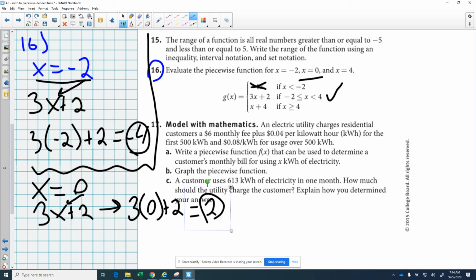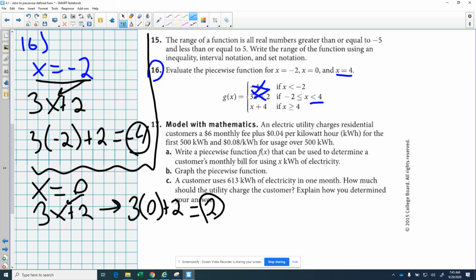The last one we would see here is 4. So I have to think, where could I actually plug a 4 in for my restrictions? The first one we've already talked about a lot, x has to be less than negative 2. So that one doesn't work. The middle one's close, but notice how it has to be less than 4, but it can't equal 4. Technically, 4 is not less than 4.